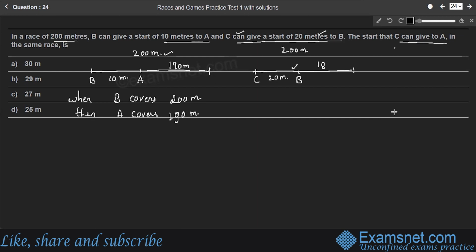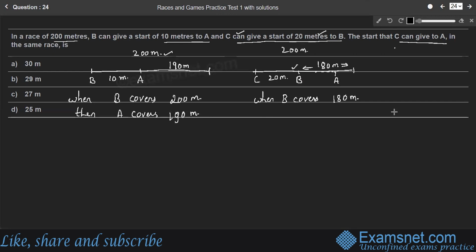It is only 180 meters, right? Because a start of 20 meters has been given to B already by C. So B has to cover only 180 meters. Therefore, when B covers 180 meters of distance, in this case, what is the distance to be covered by A?